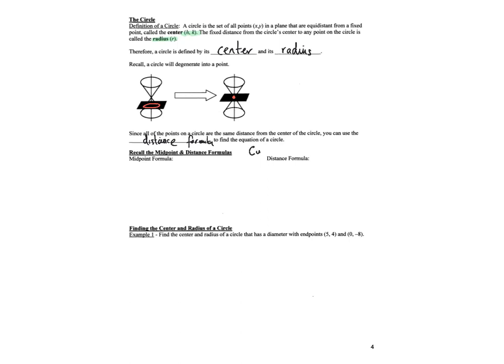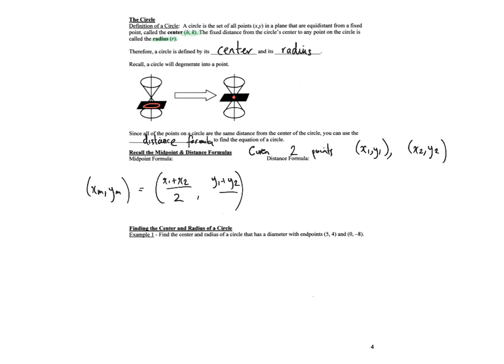So if we are given 2 points, x1, y1 and x2, y2, the midpoint formula was: we just took the average of the coordinates, so x1 plus x2 over 2, and then we'll take the average of the y coordinates, y1 plus y2 over 2.